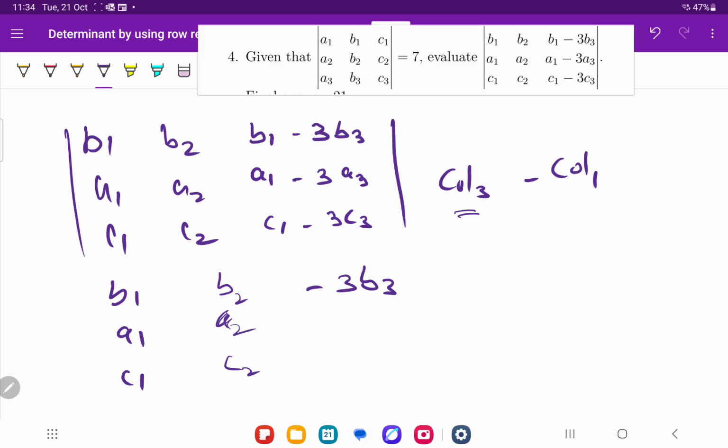Now minus A1 and plus A1 cancel, and minus 3A3 remains. Minus C1 and plus C1 cancel, leaving minus 3C3. That is what we have achieved after applying this operation, subtraction of the columns.